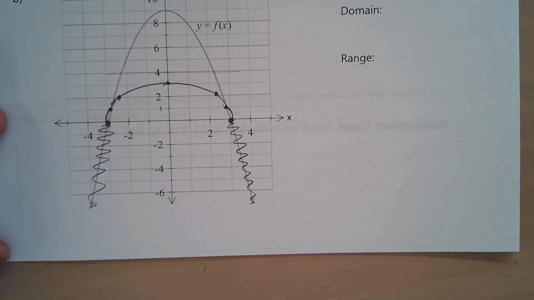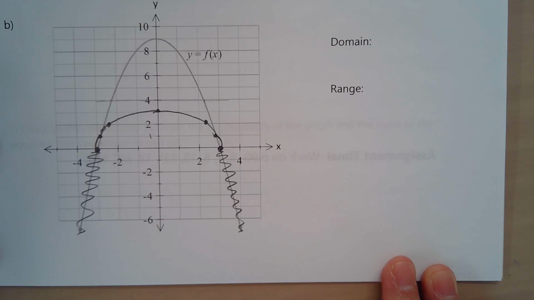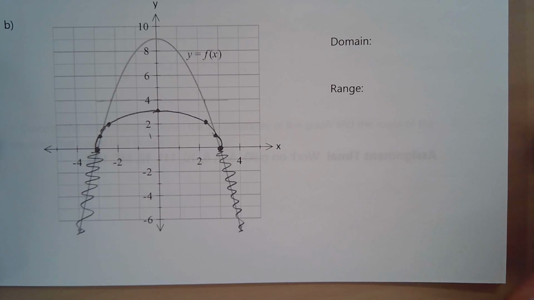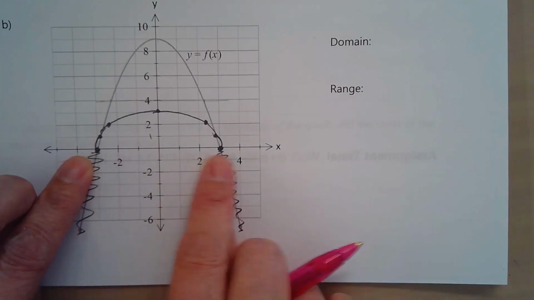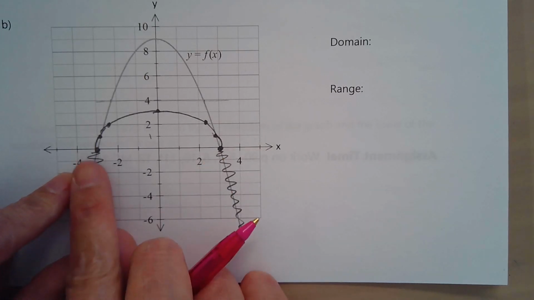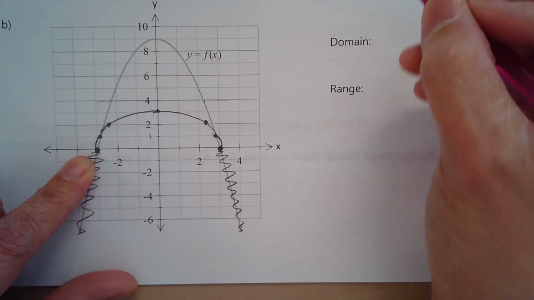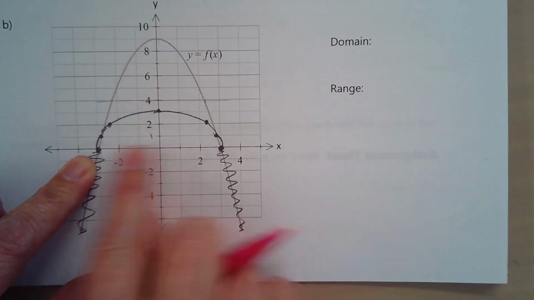What's the domain for these ones? Possible x values between -3 and +3. Okay, there are no gaps in between, right?